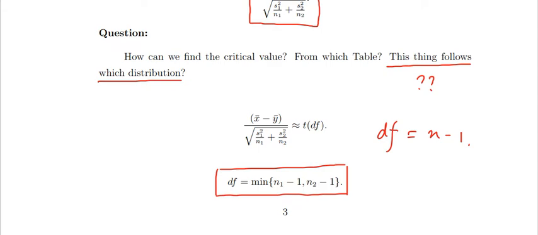Then we just pick the smaller one. So why do we pick the smaller one? Why will we not pick the maximum one?